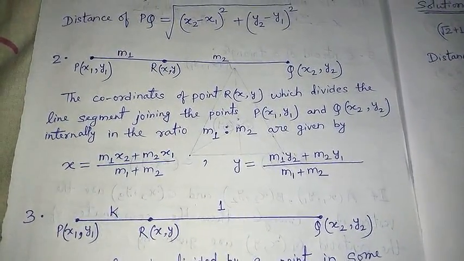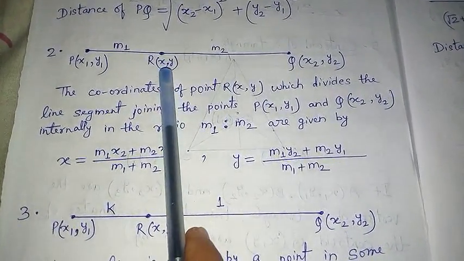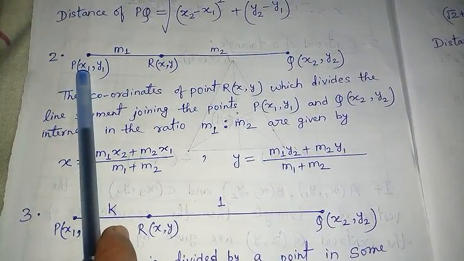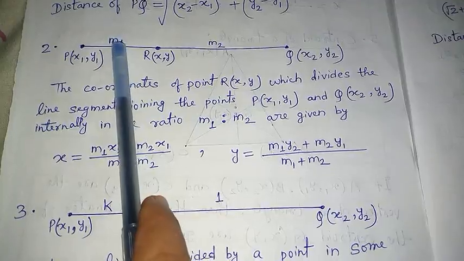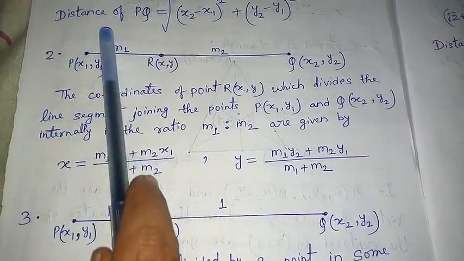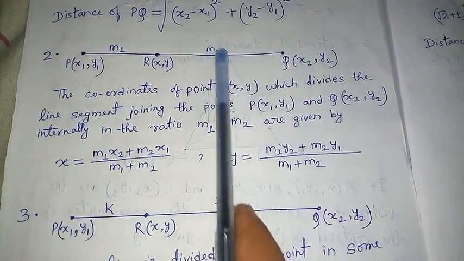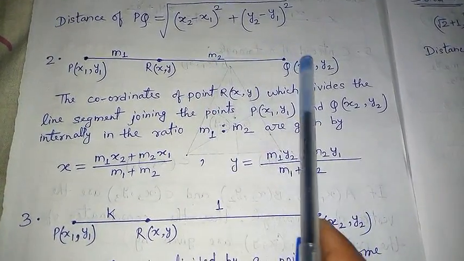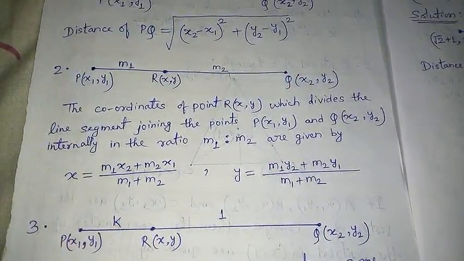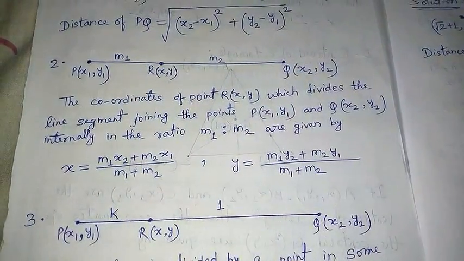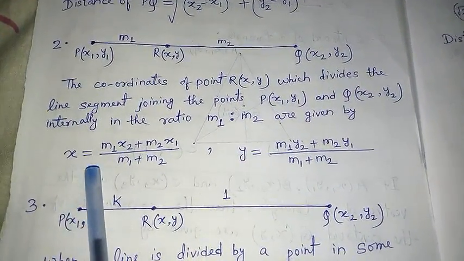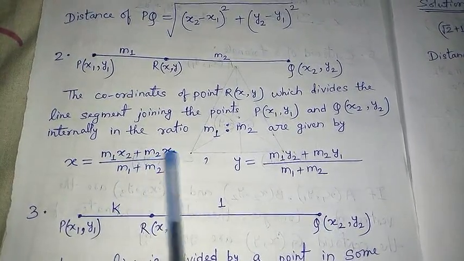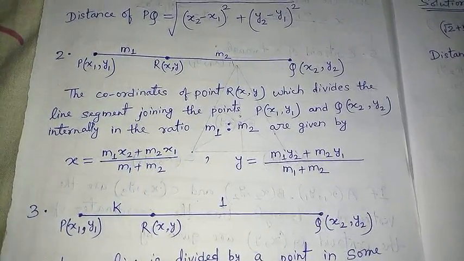That means when I take x, here I will take x2, here I will take x1, and the first part ratio will multiply with that side, and this part ratio will multiply with that side, means in the opposite direction. m1 is here but not multiplying with its own partner, it is multiplying with the other part. So that is the formula, x equal to m1 into x2 plus m2 into x1 by m1 plus m2.